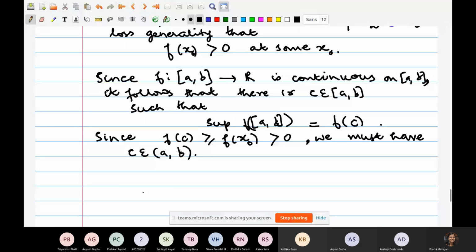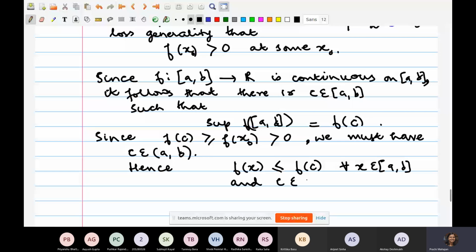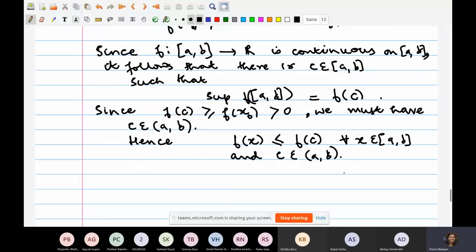Hence, f of x is less than or equal to f of C for all points x in the interval AB, and C lies in open interval AB. So this is enough to show that f has a local maximum at the point C. And we are done.